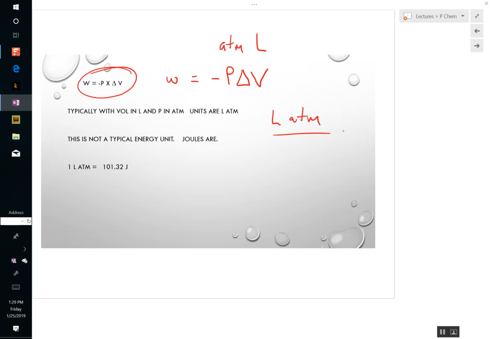Energy, work is usually with an energy unit. Liter atmosphere is 101.32 joules. So there's 101 joules per liter atmosphere.